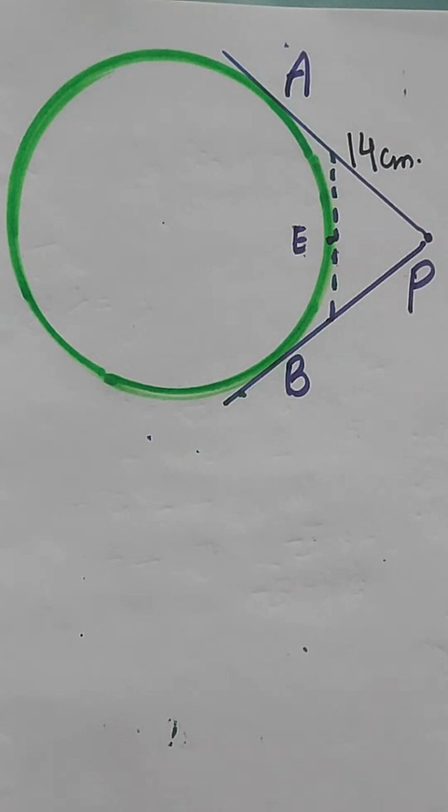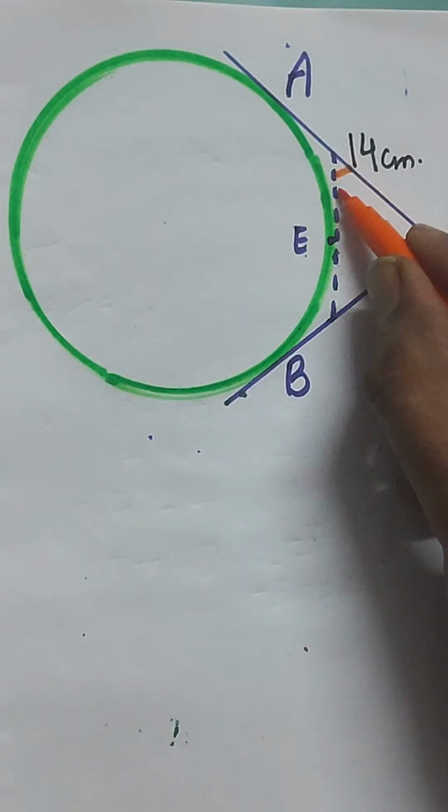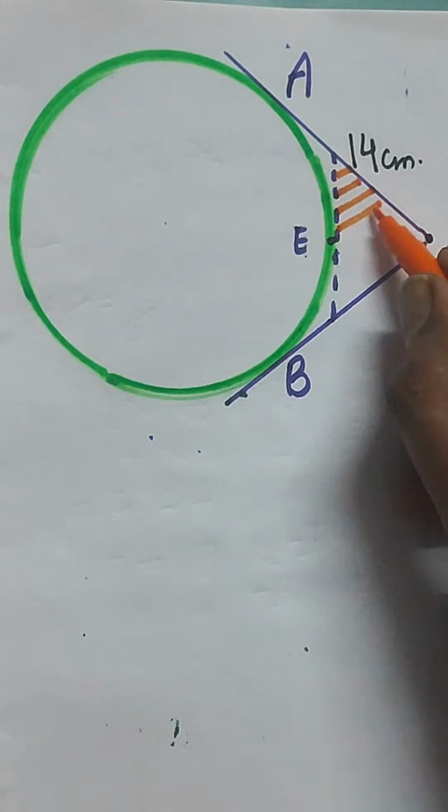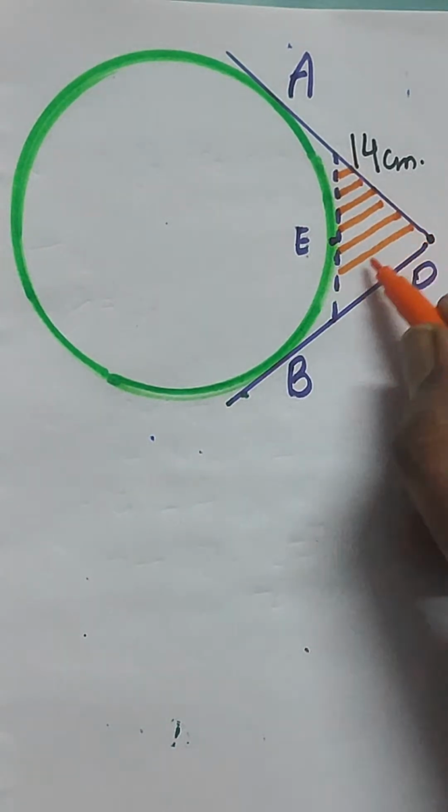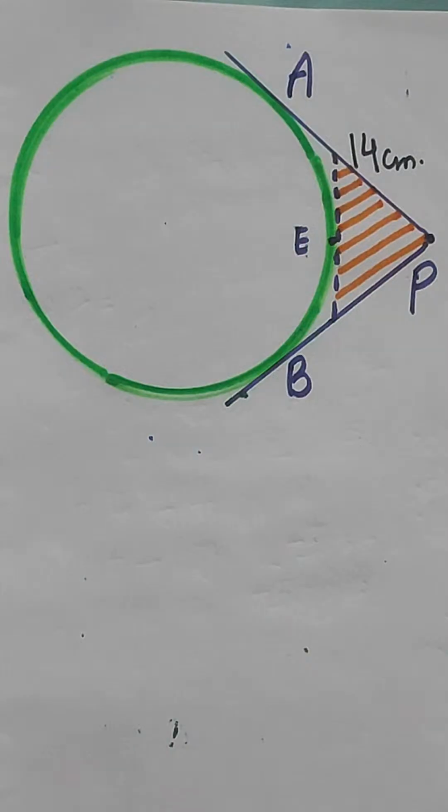Now, what we need to do is find the area of this triangle, right? The area of this triangle needs to be calculated. So what is this triangle?